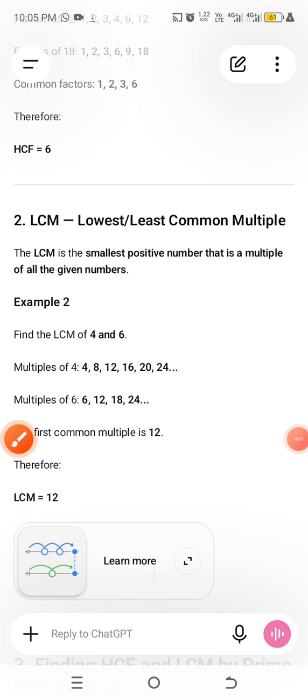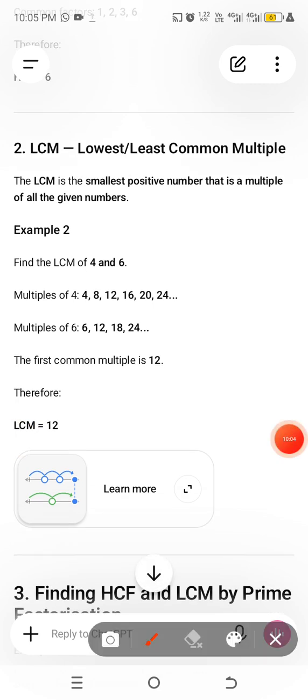Lowest common multiple, or least common multiple, is the smallest positive number that is a multiple of all the given numbers. Take for instance, to find the LCM of 4 and 6.